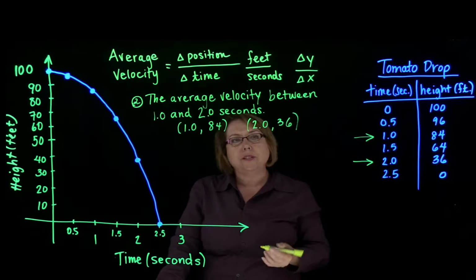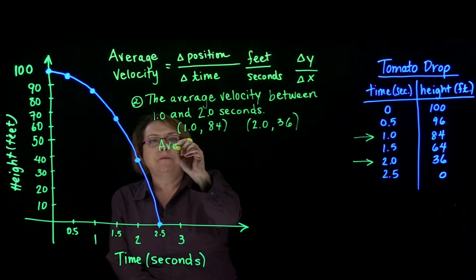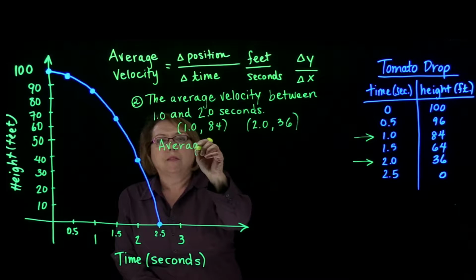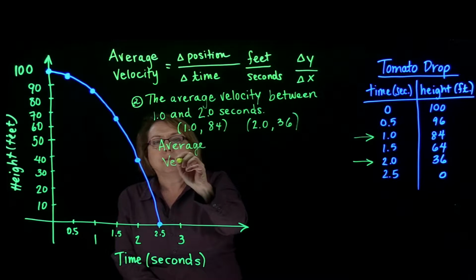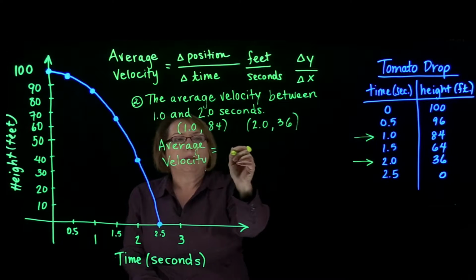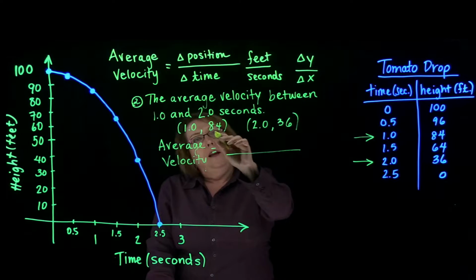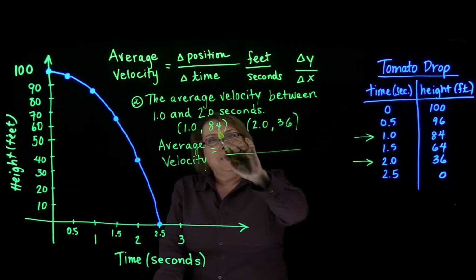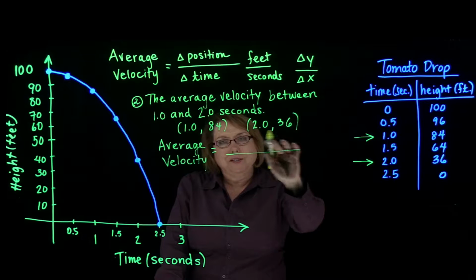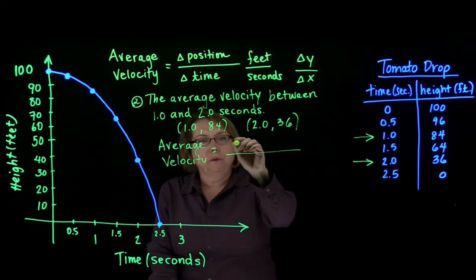So we're going to do the same thing, calculate our average velocity by taking the change in y. So as I said, you could start with this point, this ordered pair, or this one. Doesn't matter. Let me go ahead and start with the first one.